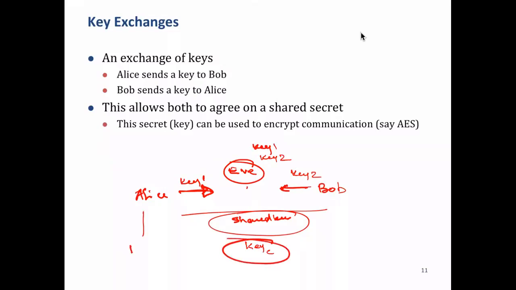Alice can derive the common key, and Bob can also derive the common key. But Eve cannot derive the common key from key 1 and key 2. Is it possible? Okay, this is the magic. This is how key exchanges work.